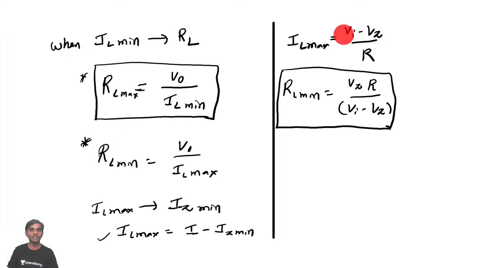Is it not the same as the value of I? Because you are neglecting IZ, that is, IZ is becoming 0. Then only IL maximum becomes I, because I is the source. So IL maximum is (Vi minus Vz) by R.